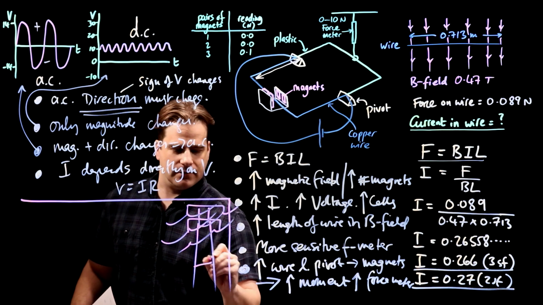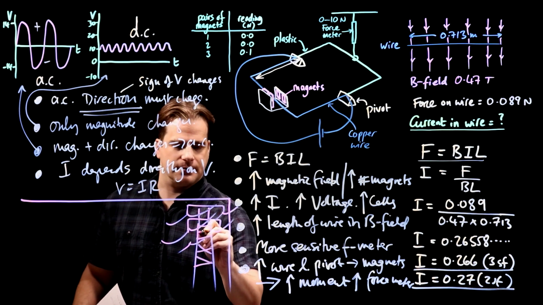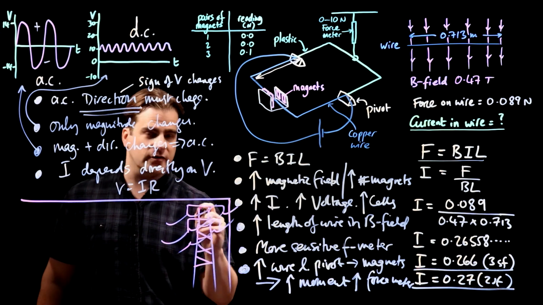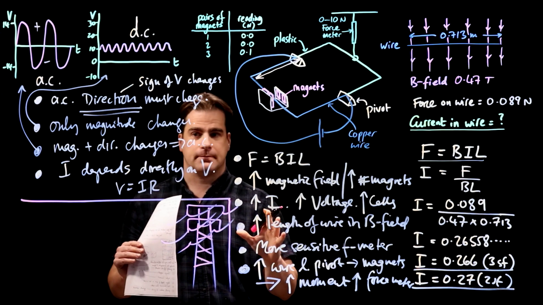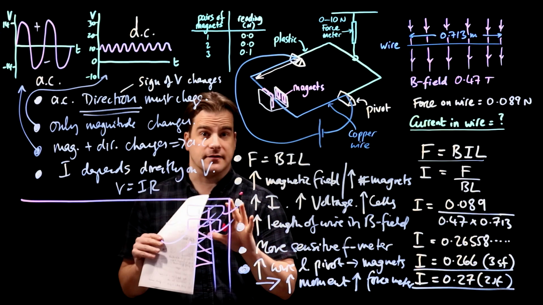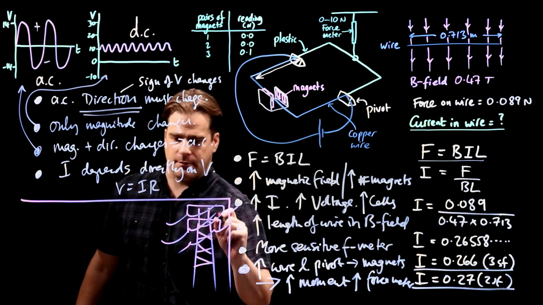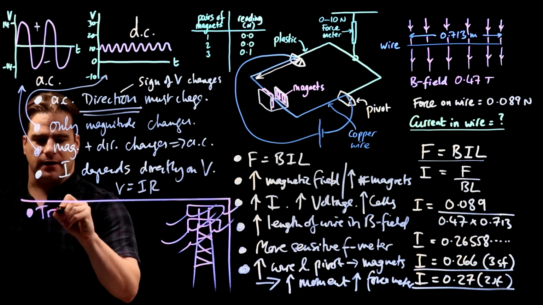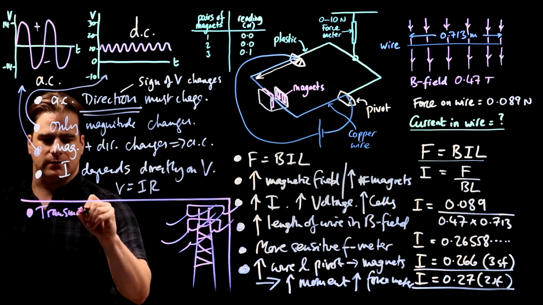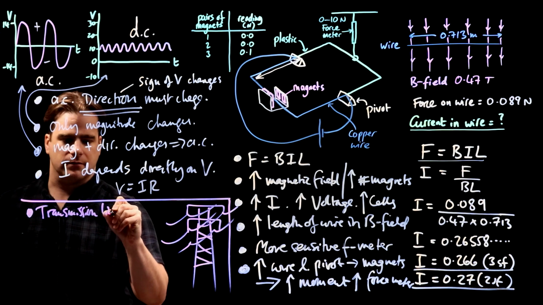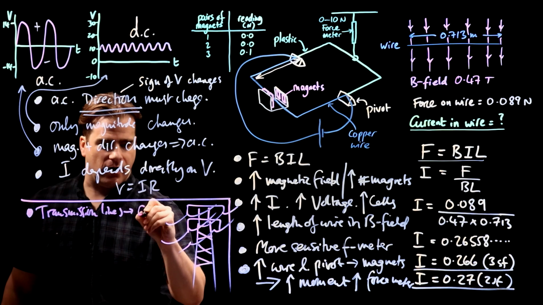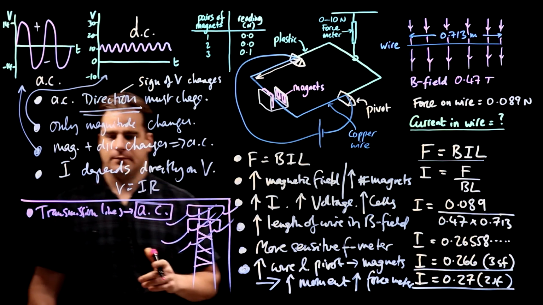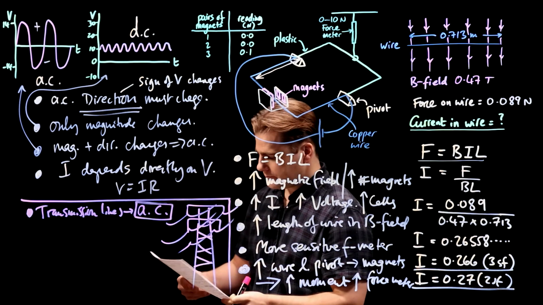Okay, the key to this question is that these things carry an alternating current, okay? So that's the key to this whole question. In power transmission lines, so that's the first thing we'll say, in transmission lines, they are alternating current, okay? Very important.